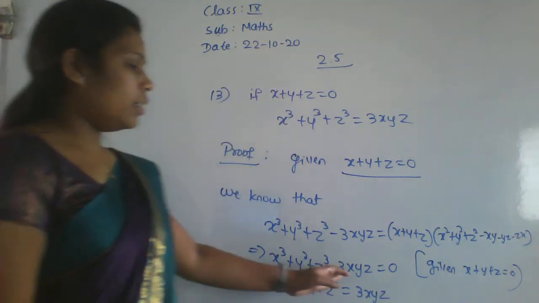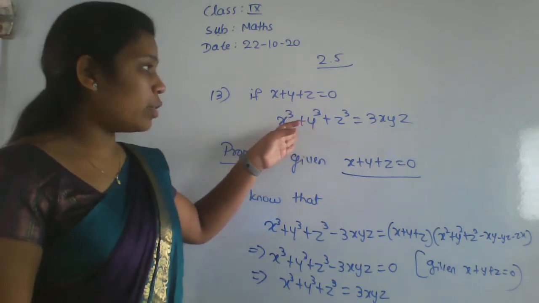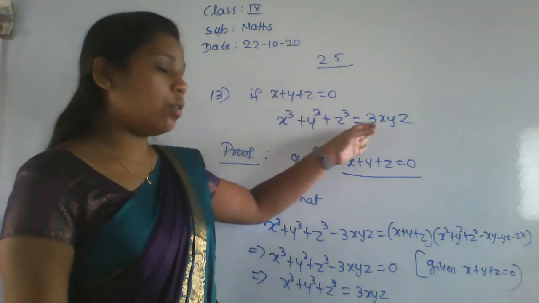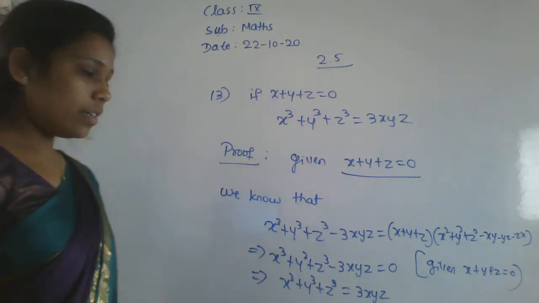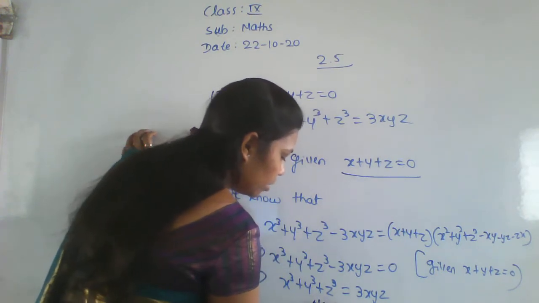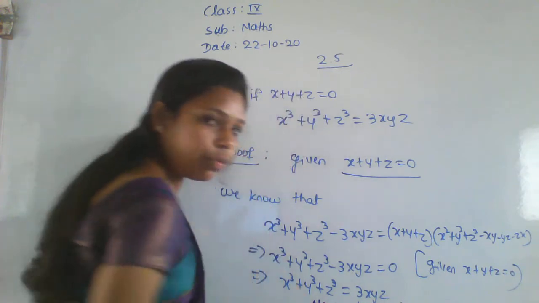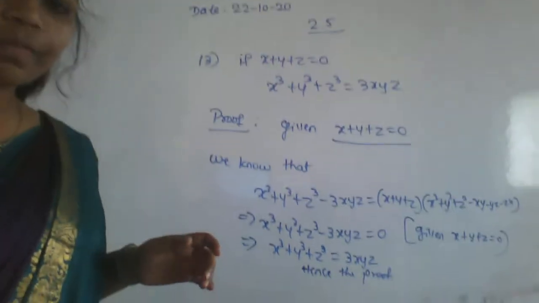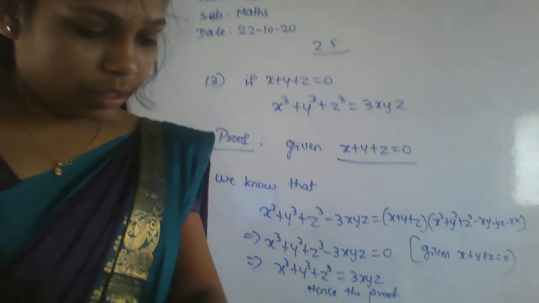Take this one this side. What they gave, to show that x cube plus y cube plus z cube is equal to 3xyz. What we got here? We got it, right? So write here, hence the proof.